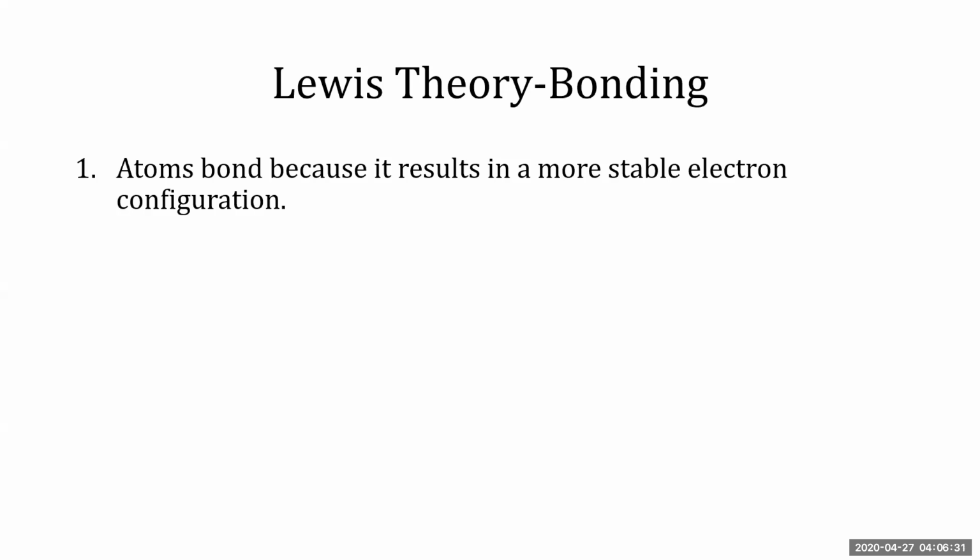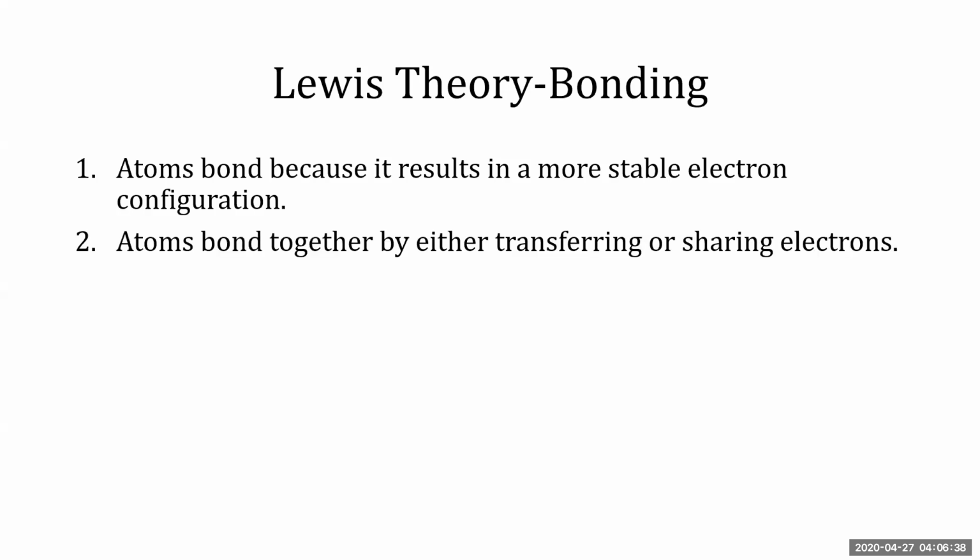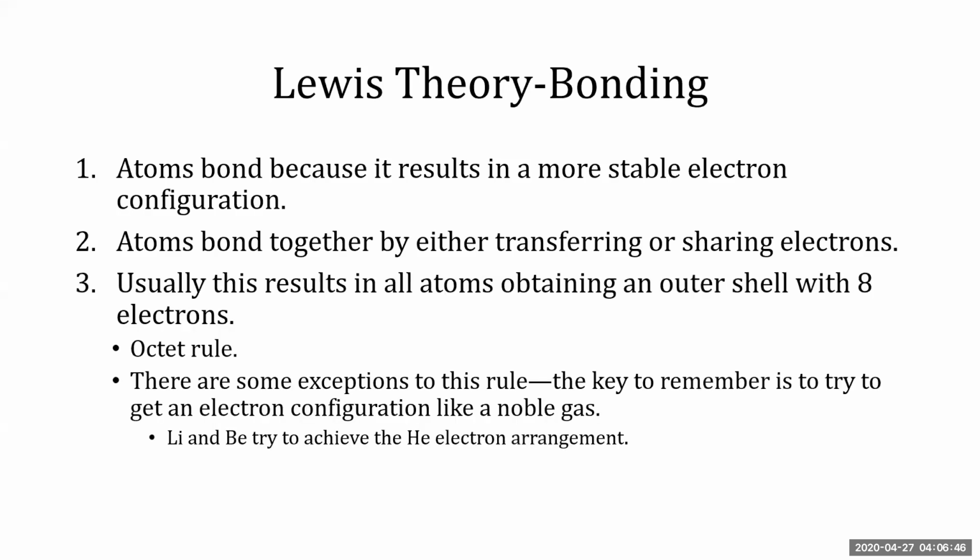One, atoms bond because it results in a more stable electron configuration. 2, atoms bond together by either transferring or sharing electrons. 3, usually this results in all atoms obtaining an outer shell with 8 electrons. The octet rule means an atom must have 8 electrons. Note, there are elements that will be exemptions to this octet rule. That will be discussed in covalent bonding.